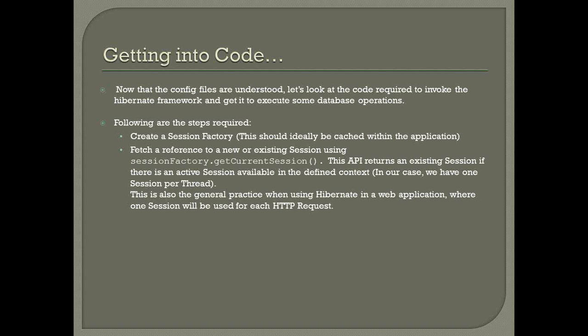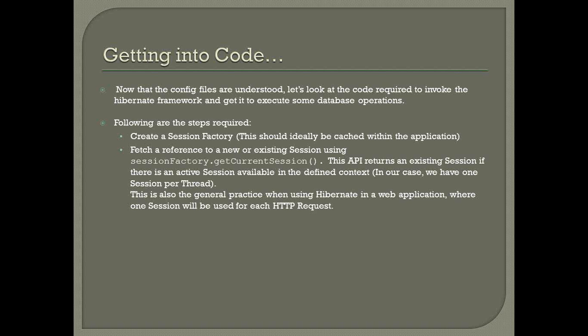Depending on what you've configured in the Hibernate configuration file, the session factory will return an appropriate session. What we have configured, which is generally used in a web application, is the class to be thread. If you recall, the value of the session context class property was thread.